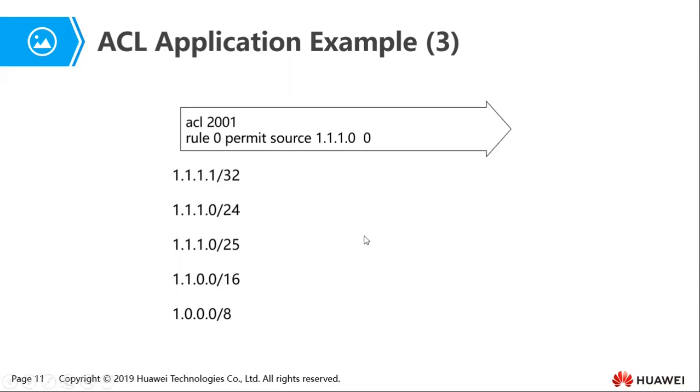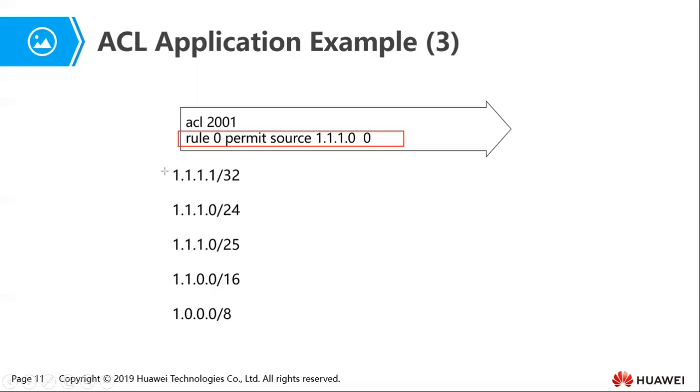Okay, so what else do we have here? This is another example of an ACL. We have rule 0 permit source 1.1.1.0, then 0.0.0.0.